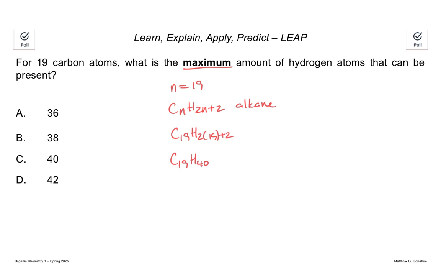So for 19 carbon atoms, the maximum number of hydrogens you could have is 40. So if we had the 228 contribution, now we have 40 as the maximum. We're still not up to 288. So what that's telling us is there's something else in there, some heteroatom.